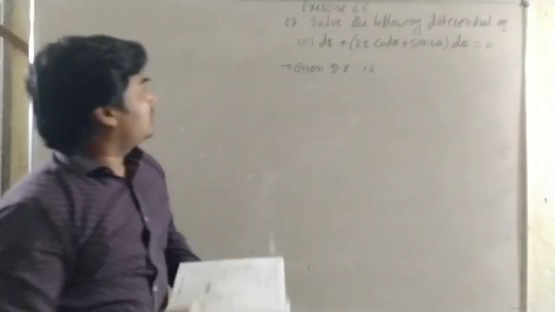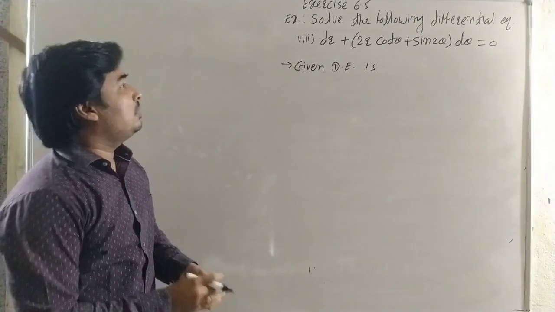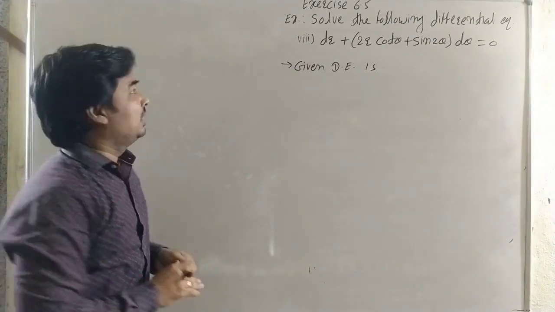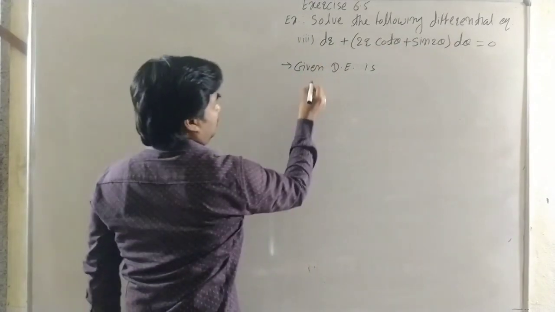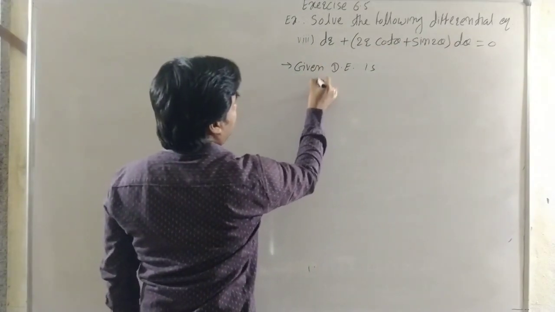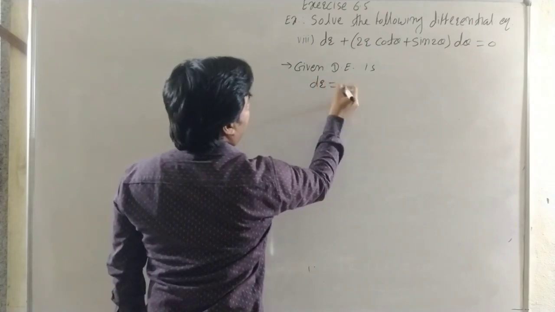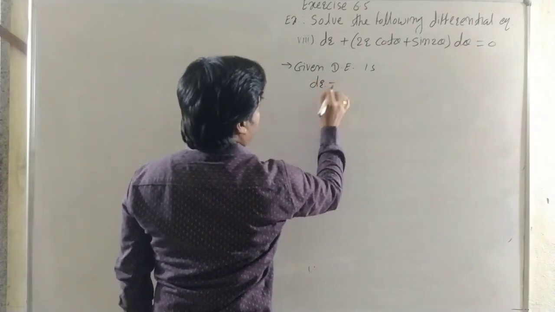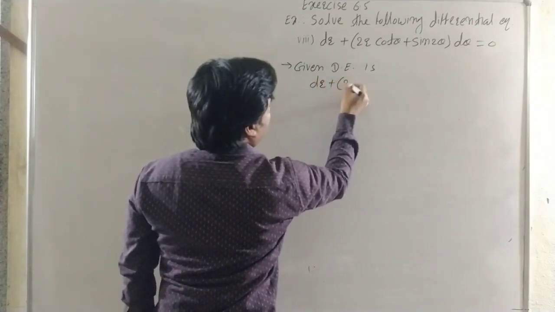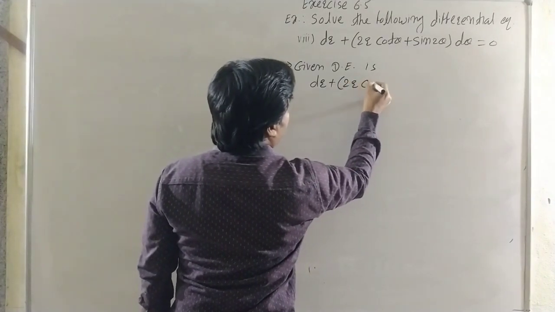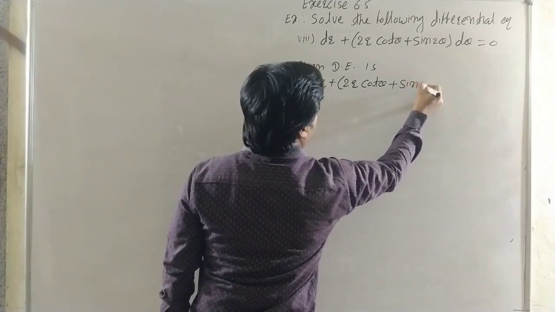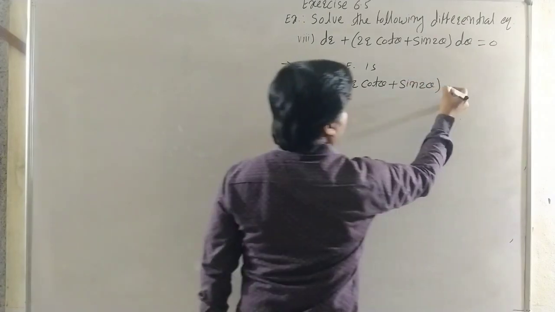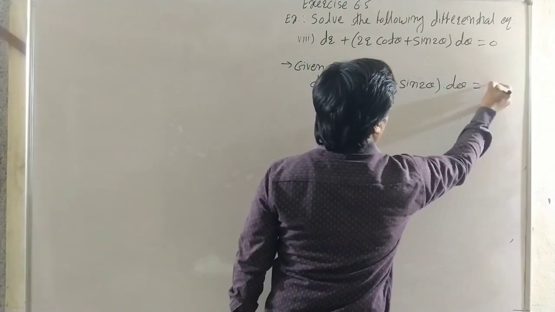Now here it is a given differential equation in the variables r and theta. The differential coefficients are dr and d theta. So the given differential equation is dr + (2r cot theta + sin 2 theta) d theta = 0.